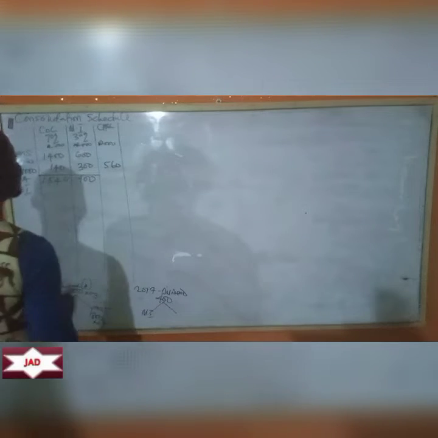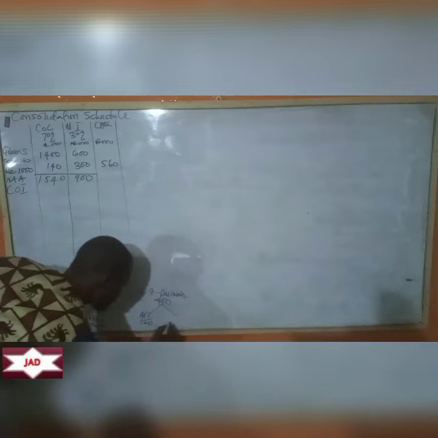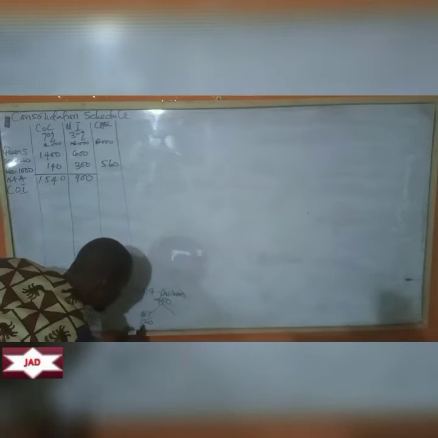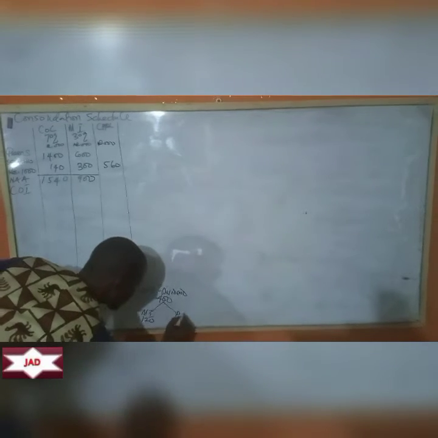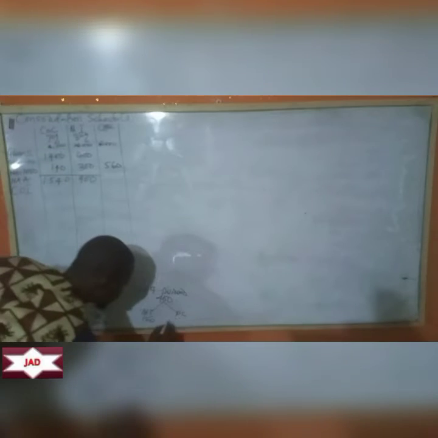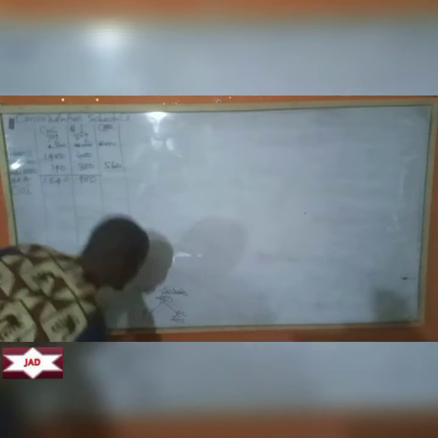That'll be 30% of 400, 0.3 times 400, 120. So this is 120. 400 minus 120 is what goes to the parent company. That's 280. Okay?